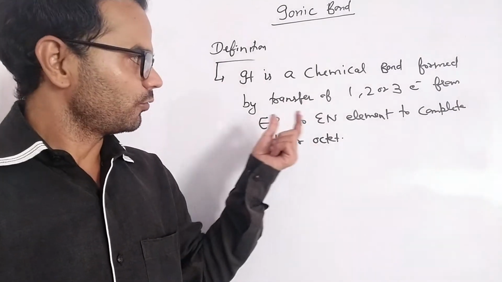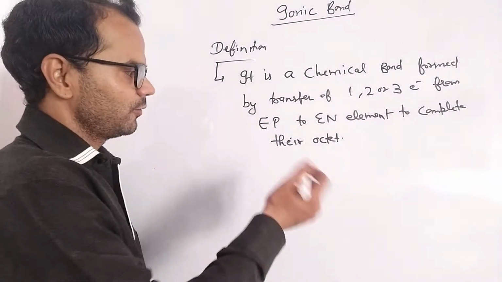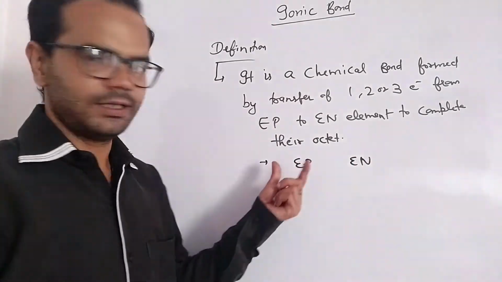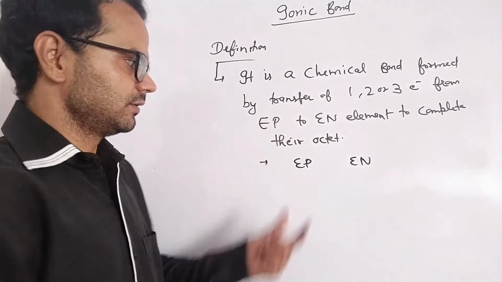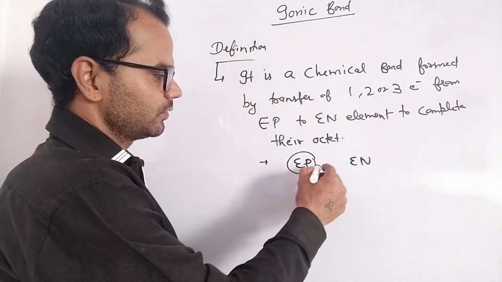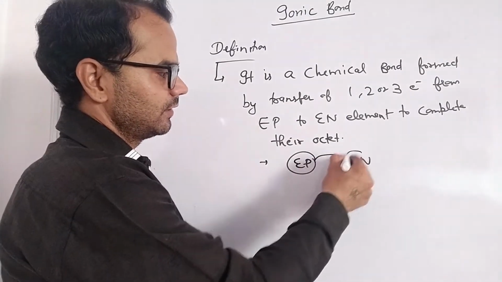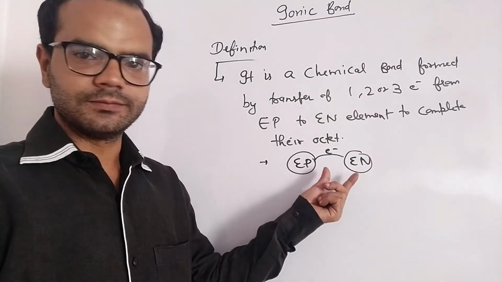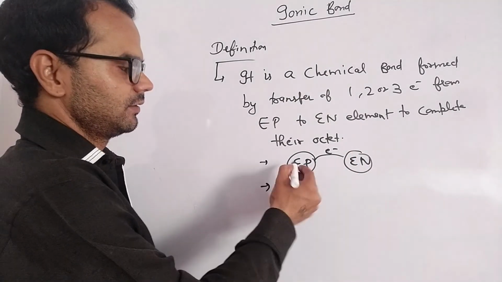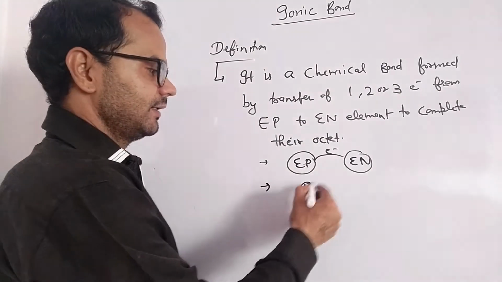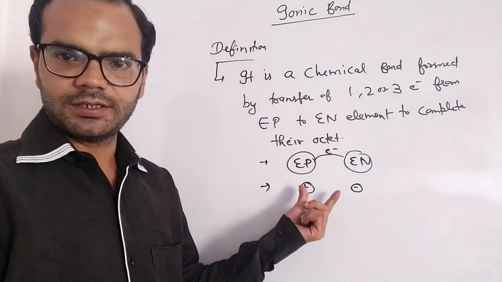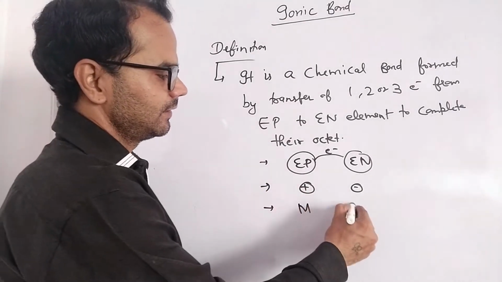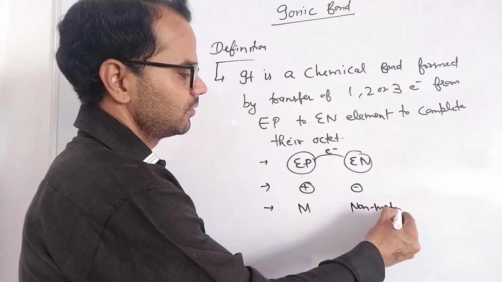Right. So what do we require? We require an electropositive element and an electronegative element. From the electropositive element we transfer electrons to the electronegative atom, or we can say we require a cation and an anion, or third we can say we require a metal and a non-metal.